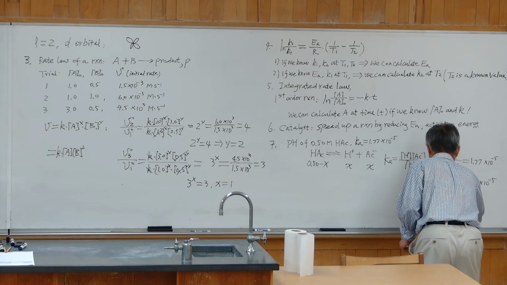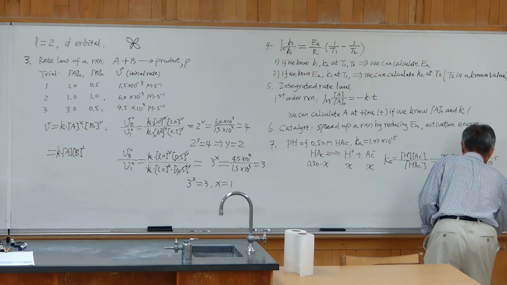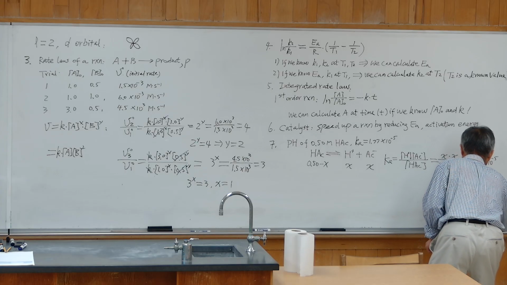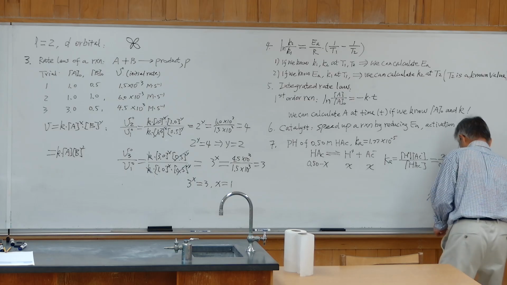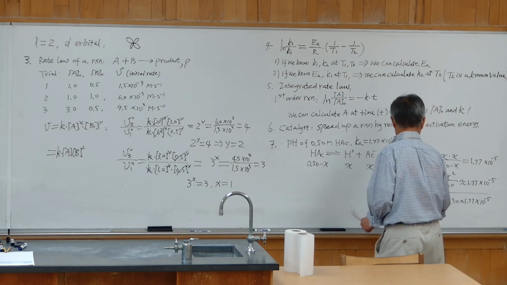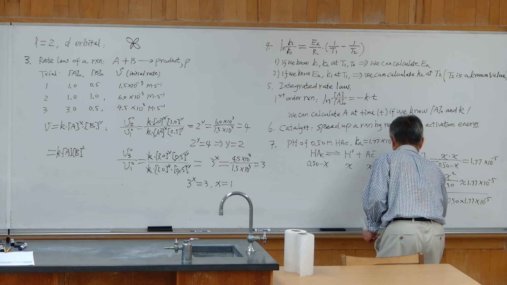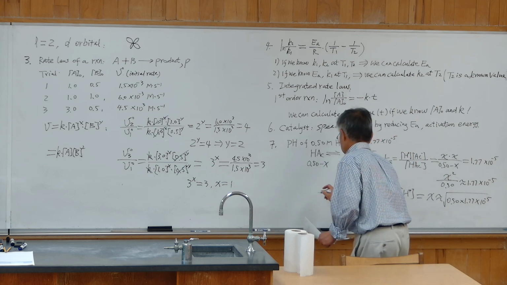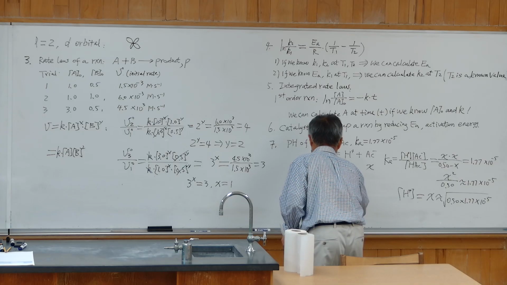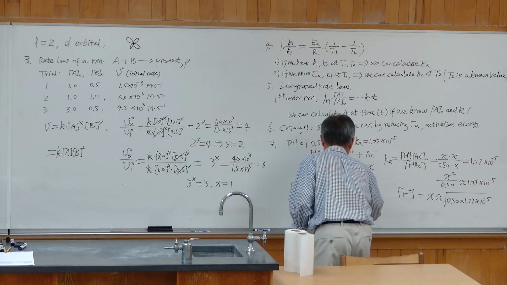Then your X will be approximately the square root of 0.5 times 1.77 times 10 to the negative fifth power. Then this is the hydrogen ion concentration. Then the pH will be negative log of this hydrogen ion concentration you calculate from here.